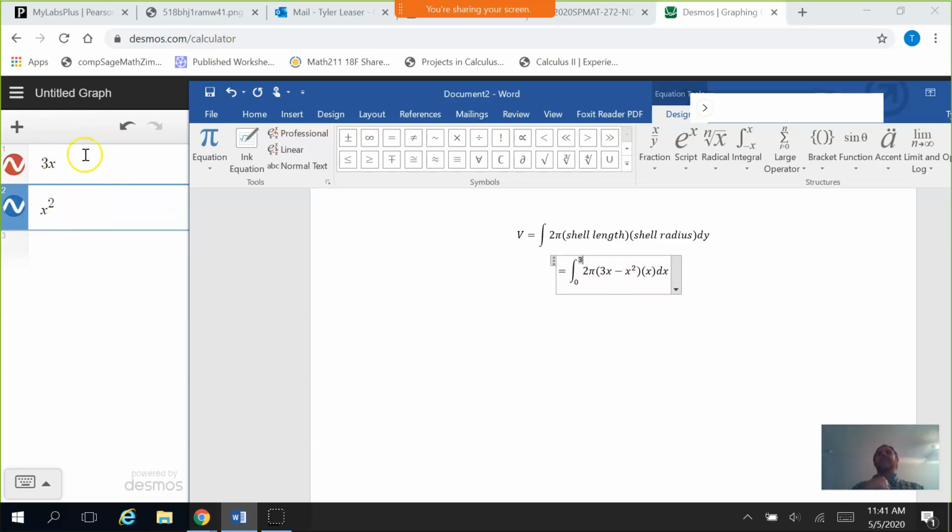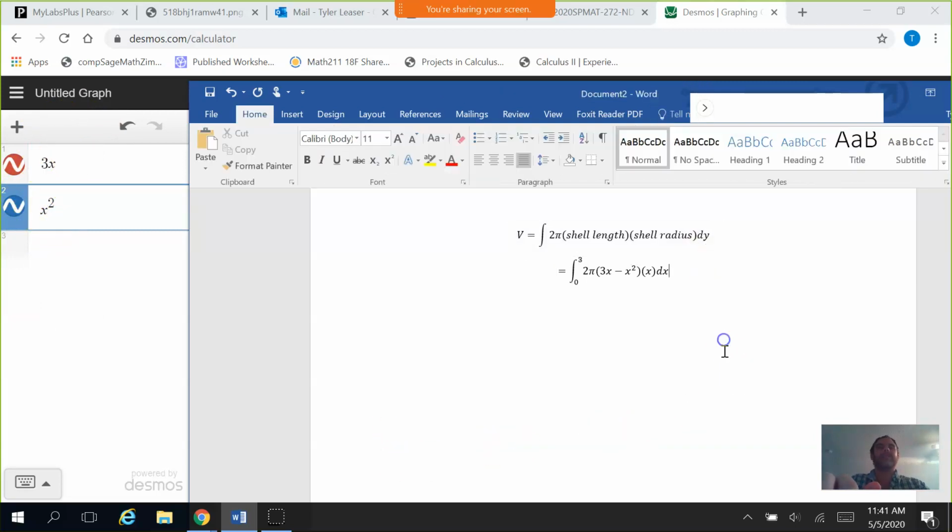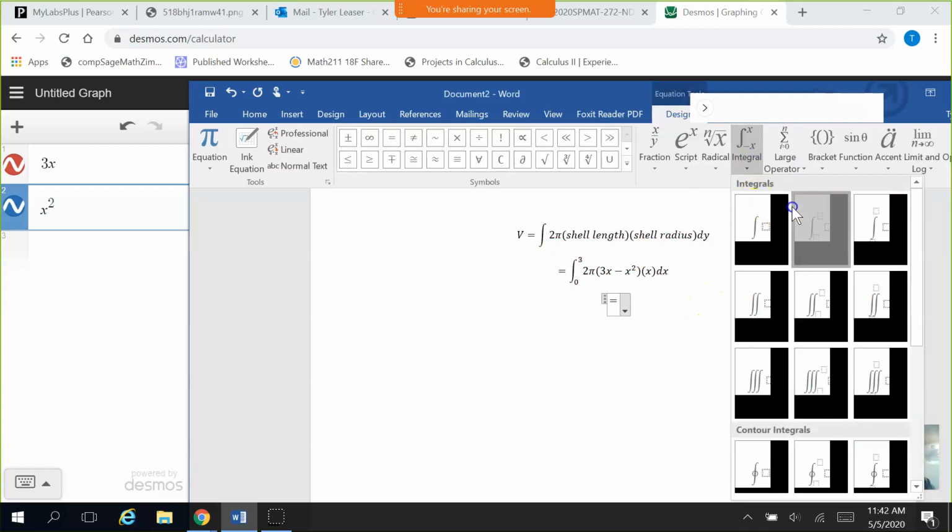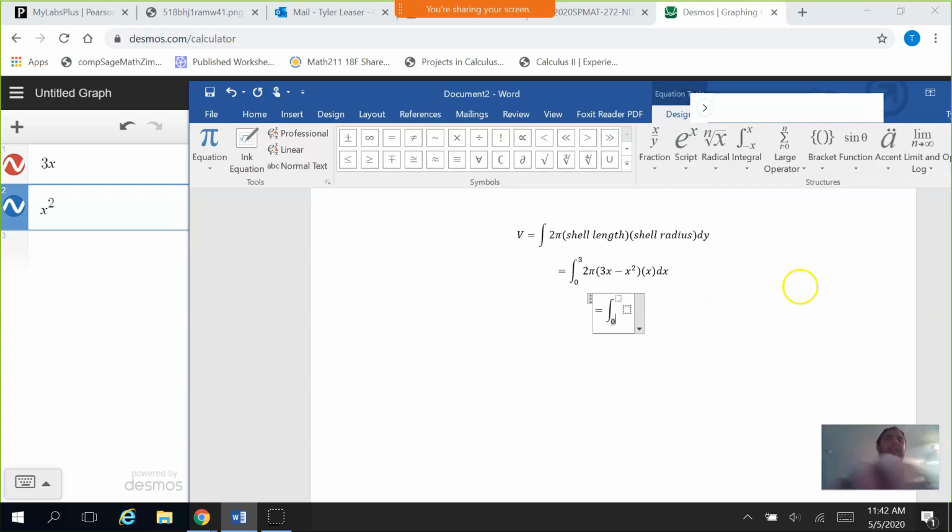If I set 3x and x squared equal, you'll see that they intersect at 3. Okay, so that's setting up the integral, and that's what I care about the most for this stuff, making sure you can set up the right stuff. From here, doing the integrals isn't quite as important. Still important, just not as important.